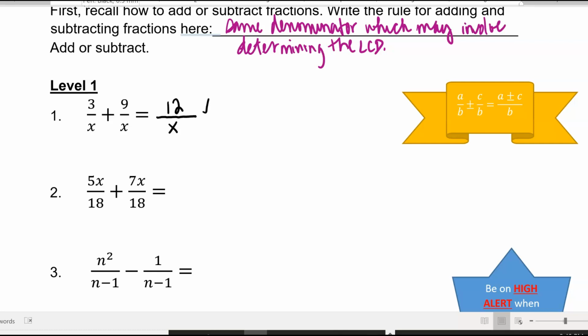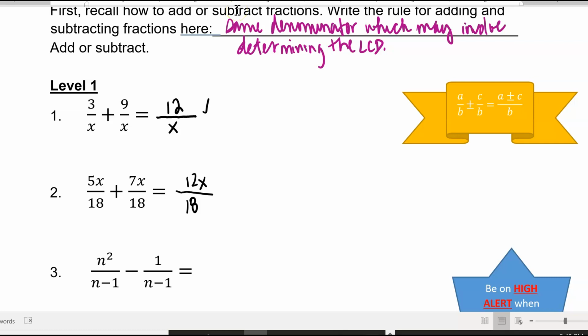The next problem is 5x over 18 plus 7x over 18. Same denominator again, but we're going to combine the numerator. So 5x plus 7x is 12x. Then you determine if you can reduce that. Does 12 and 18 have something in common?